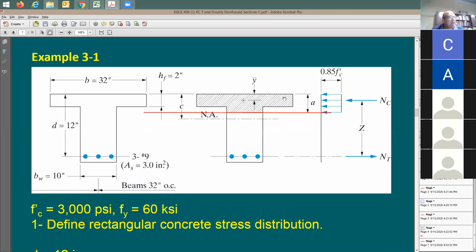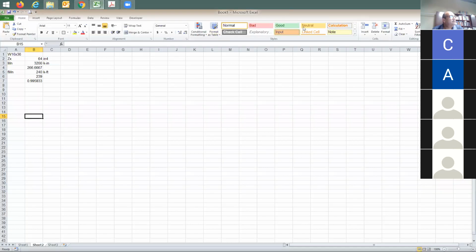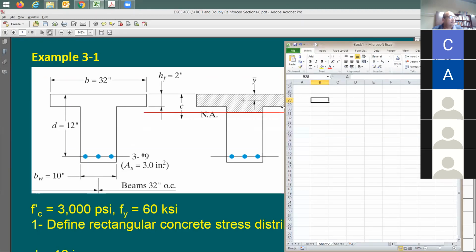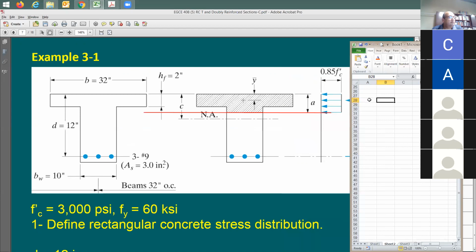Now, can someone help me quick and tell me how much is the area of the concrete? Is it 66? 66.